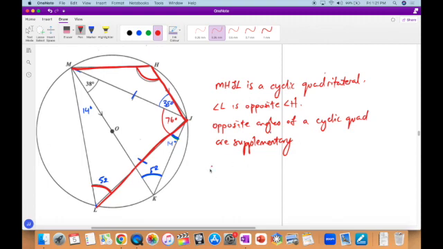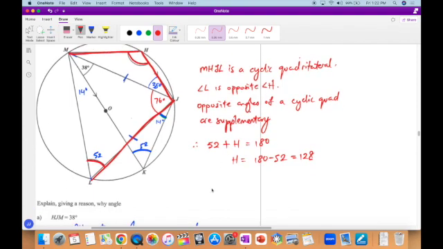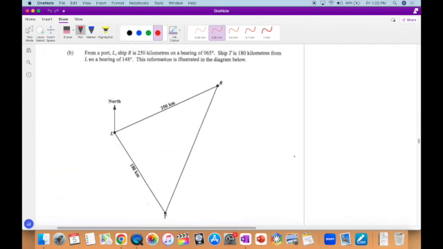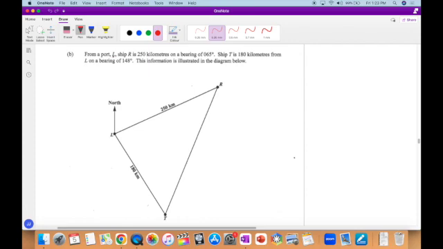So that would mean that 52 plus the angle at H is 180. So the angle at H will be 180 minus 52. 180 minus 52 gives us about 128. And so, therefore, the angle MHJ is 128 degrees.